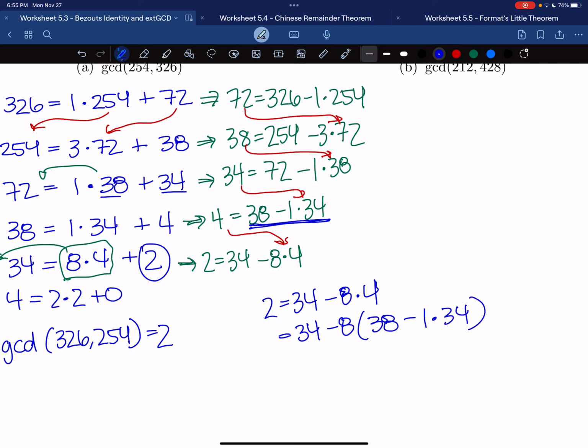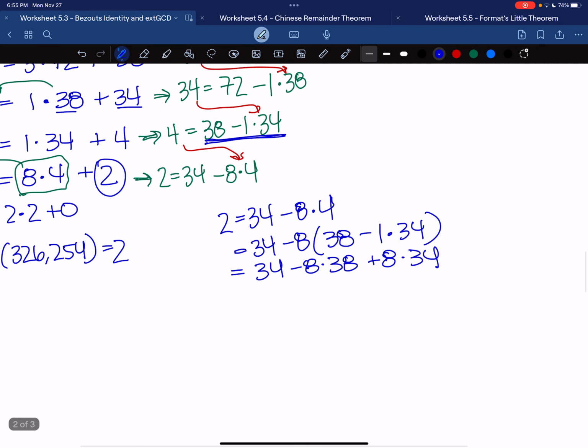Here we've got another 34 in the mix, right? So that's the same as saying 34 minus 8 times 38 plus 8 times 34, right? Which is the same as saying 9 times 34 minus 8 times 38.